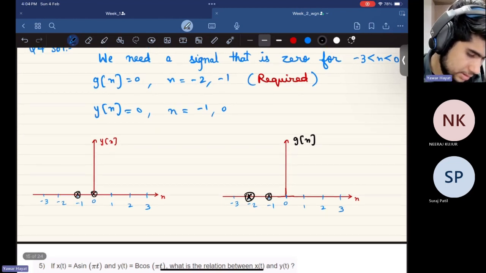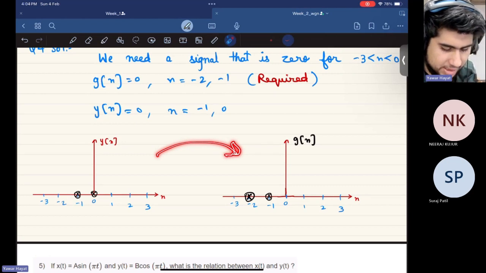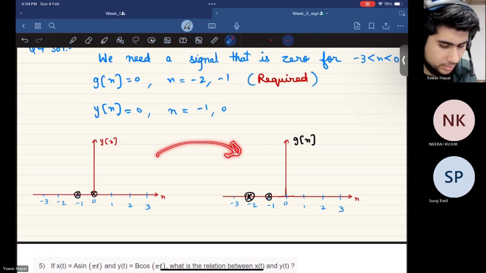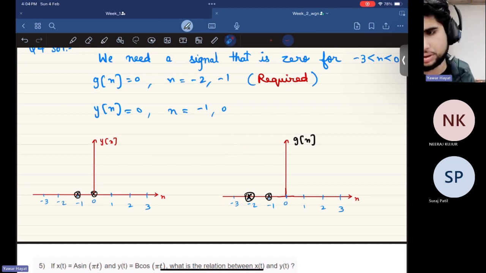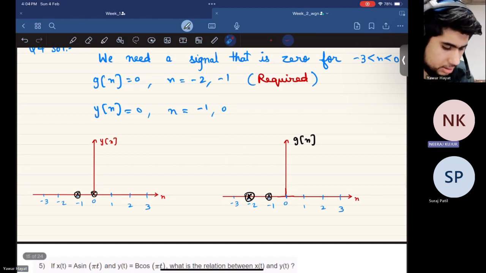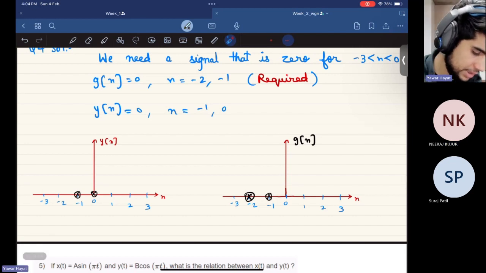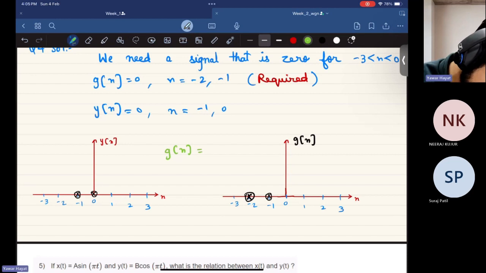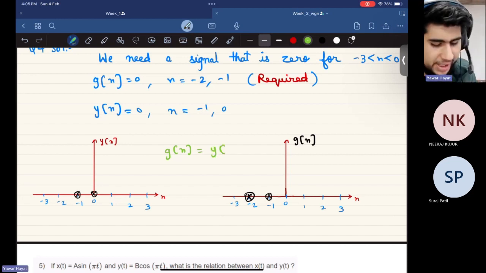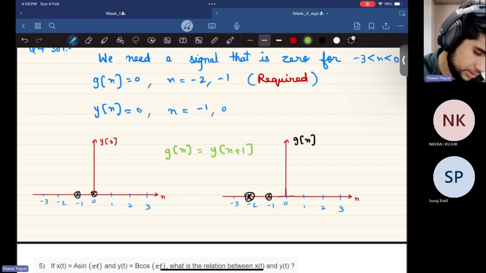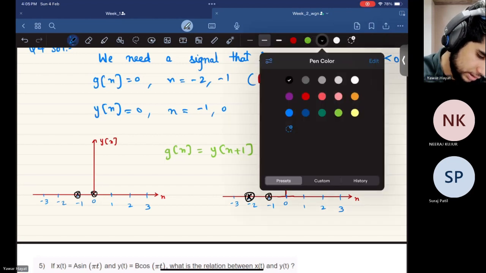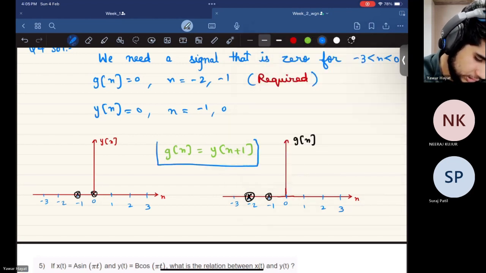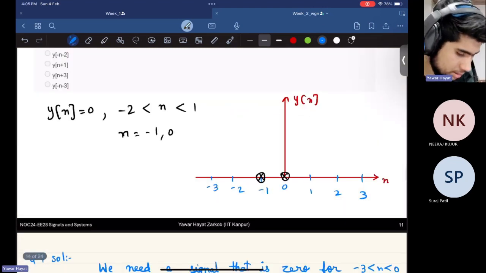So from this to this, is this a delay operation? No, sir. The signal is being advanced. Yeah, the signal is being advanced. So this g of n is y of n, and this is getting advanced by 1 unit, right? Yes, sir, y of n plus 1. Yeah, that is the correct answer.